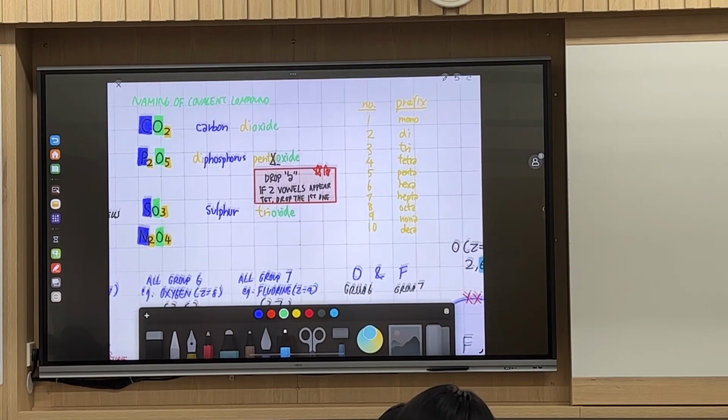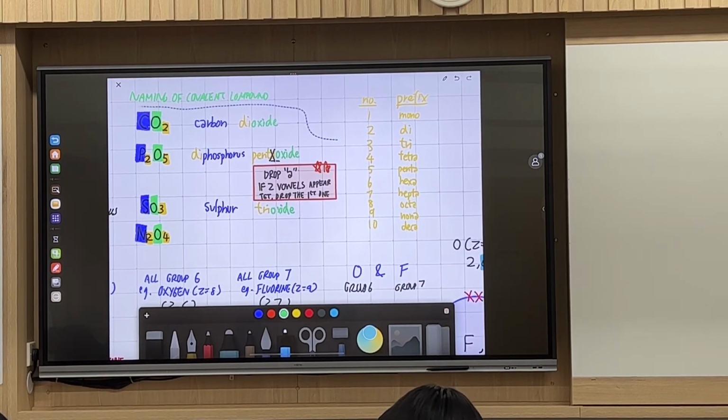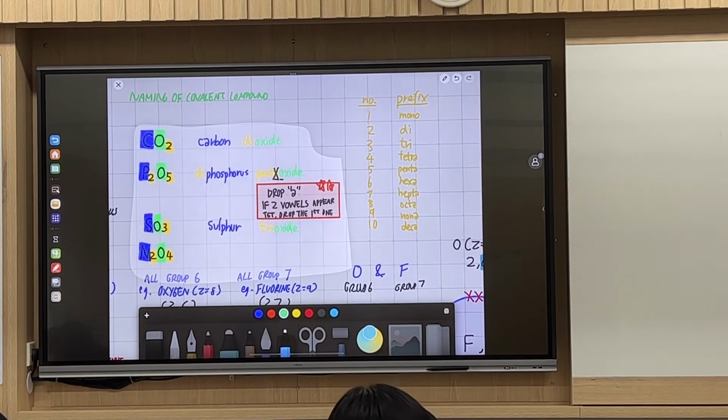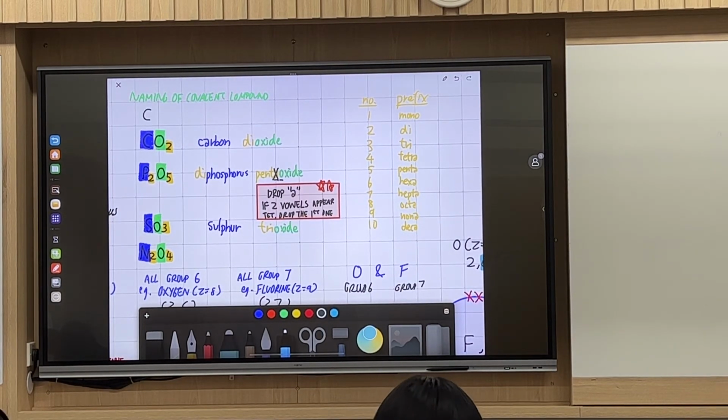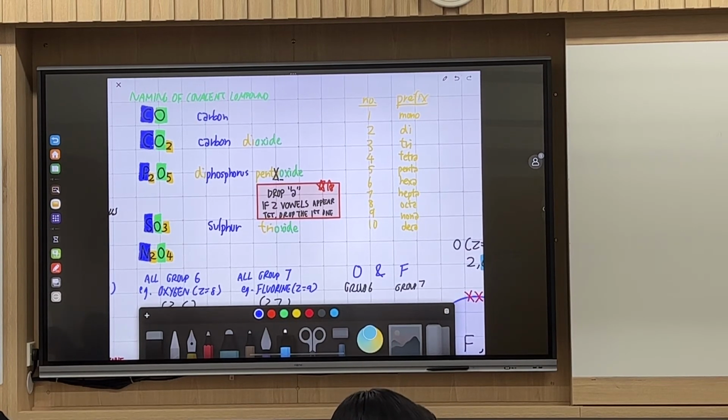What about CO? You all may have heard of CO from biology class. What is so bad about CO? Is it a gas that you can breathe without any problem? You know, carbon monoxide can kill you. And you just apply the rule when you call it carbon monoxide. You didn't call it carbon monoxide because when you call it monoxide, it's difficult to pronounce as there are two vowels next to one another.